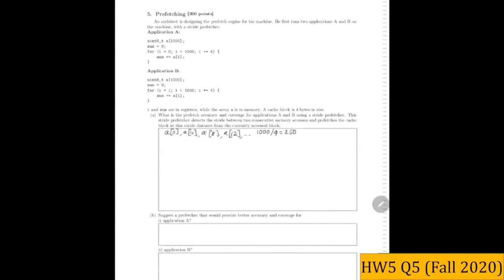Out of these 250 accesses, the first two, A0 and A4, won't be predicted by the prefetcher, because the prefetcher is just learning the first stride of 4 cache lines. Once it learns the stride, it can prefetch cache lines A8, A12, and so on. In fact, the prefetcher would also prefetch the cache line A1000, which won't be required by the program.